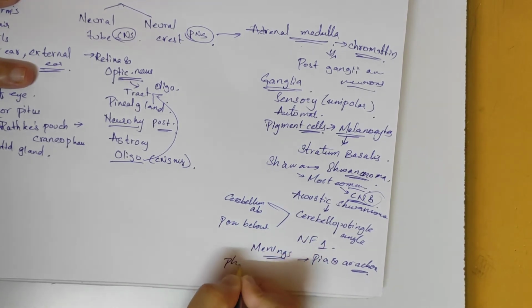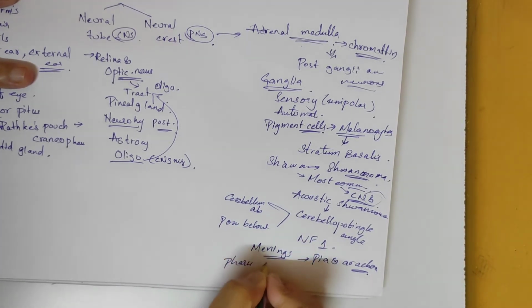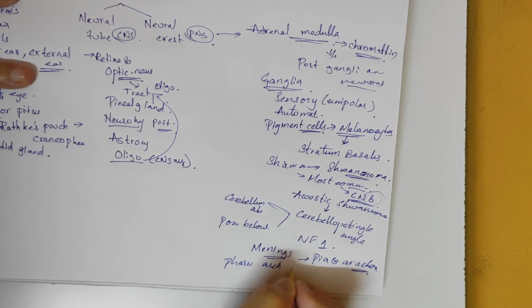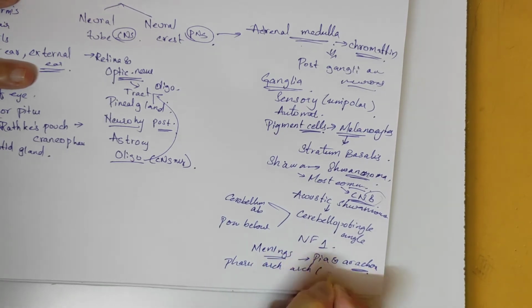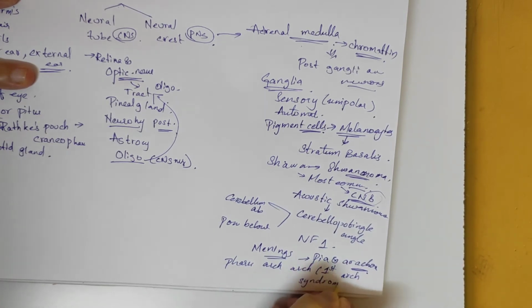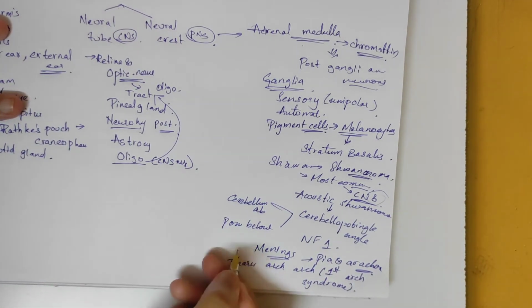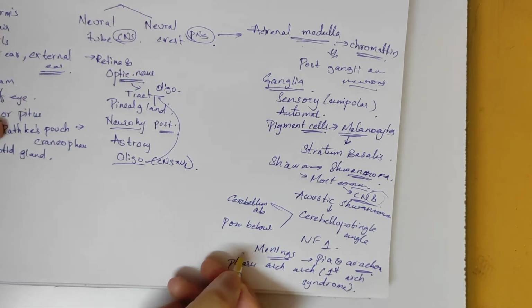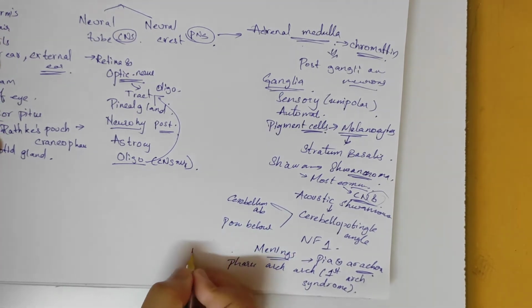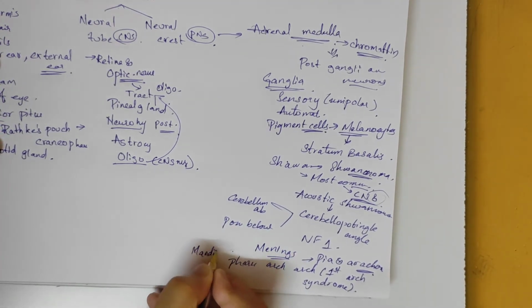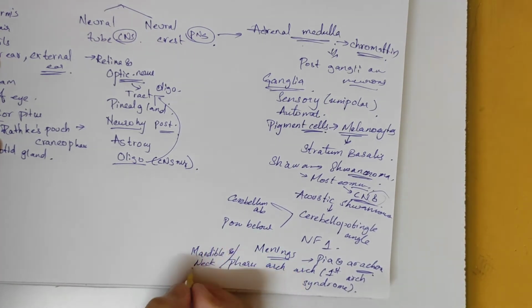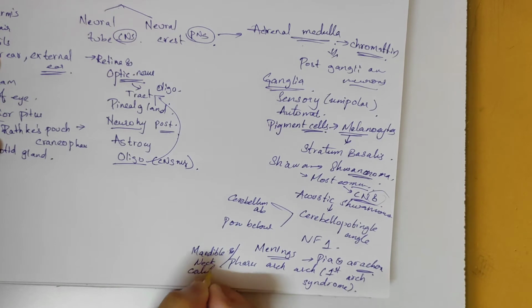And also pharyngeal arch cartilage, which causes first arch syndrome. This pharyngeal arch cartilage is responsible for the cartilages of the mandible and neck, not muscles.